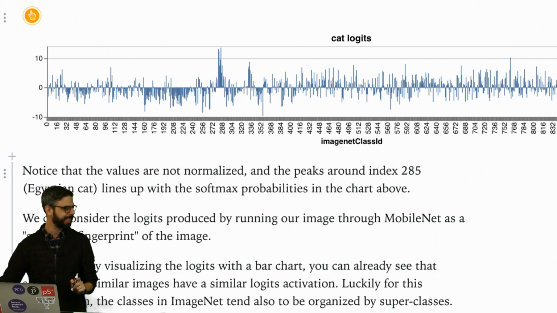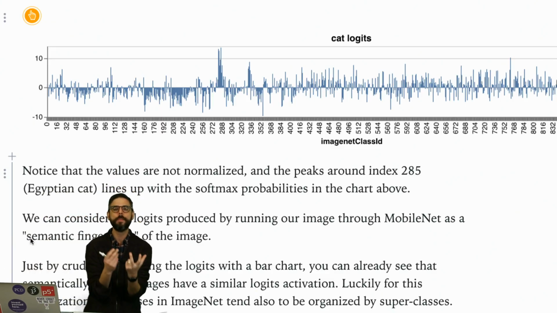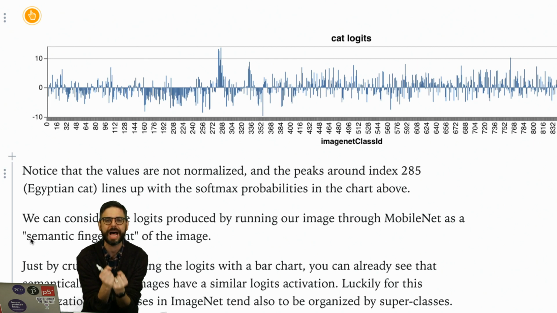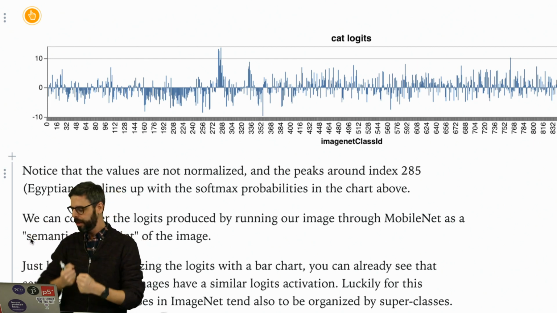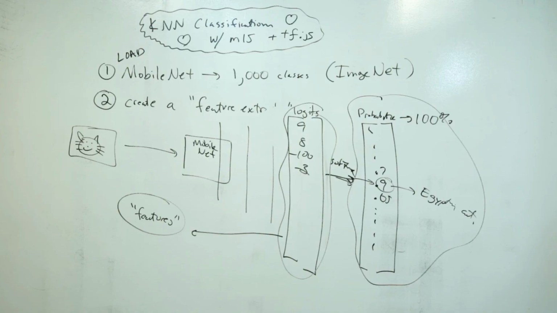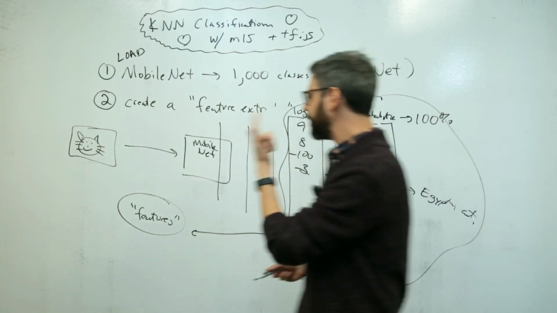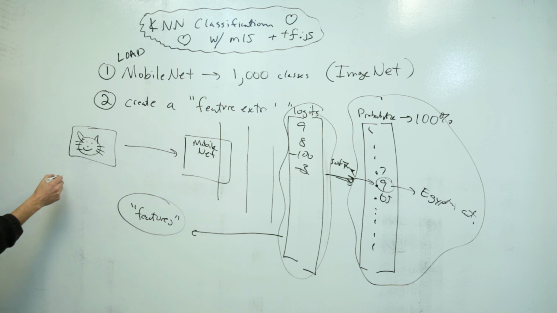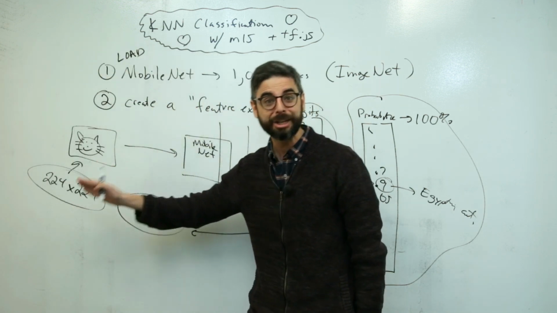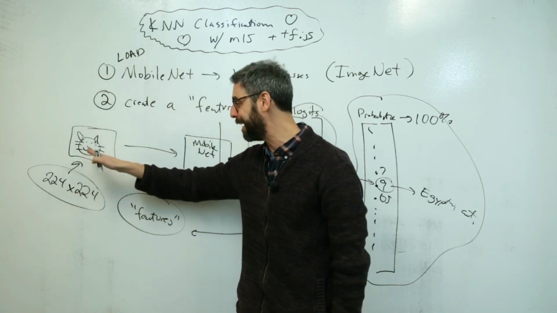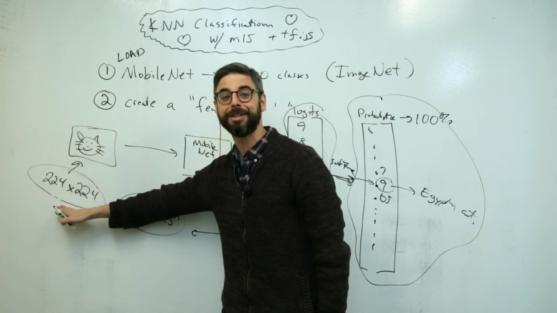This is basically the essence of the image, the boiled down numerical essence of the image as perceived by the MobileNet model. Because an image itself, let's say this image, I forget what dimensions MobileNet requires, maybe 224 by 224 pixels. This is a lot of numbers. So you could say this is the literal numeric representation of the image, all of the RGB values of every single pixel.